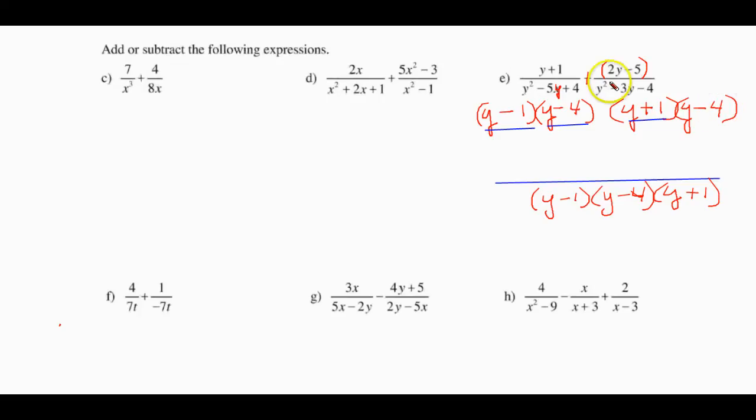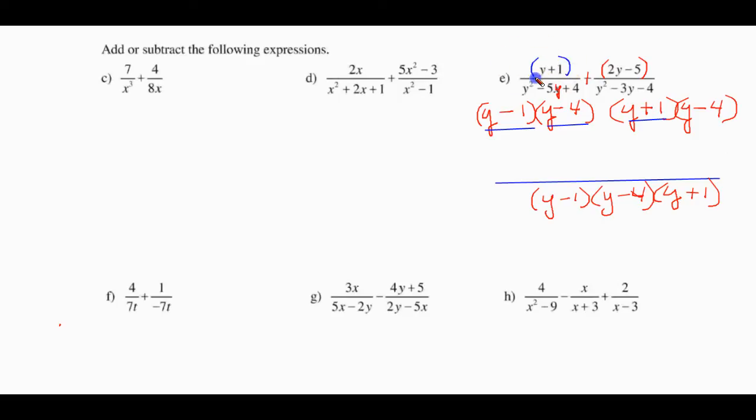Now we then go up into what we have here in the numerator, and we want to make this fraction equivalent so that it has this denominator. So we look and see which factor this is missing, and we see it's missing the y plus 1.